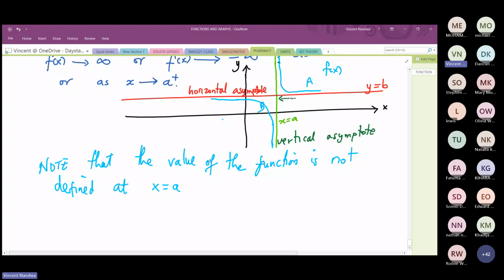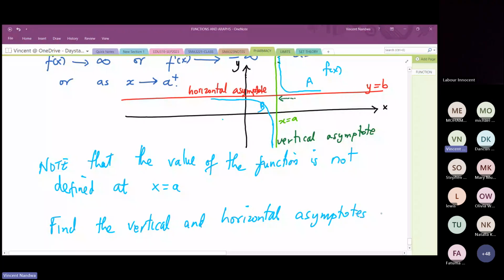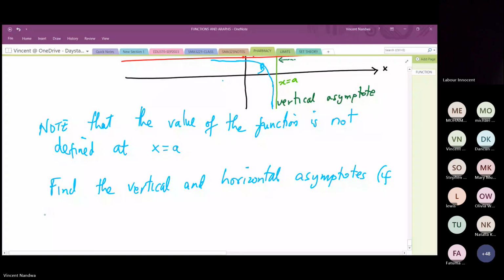So as a quick example, find the vertical and horizontal asymptotes, if any, of the following function.